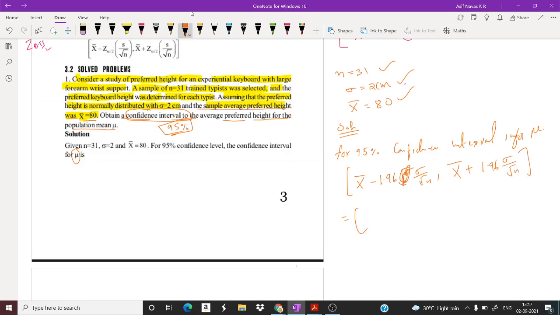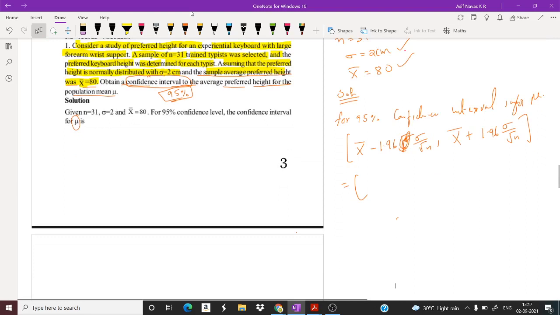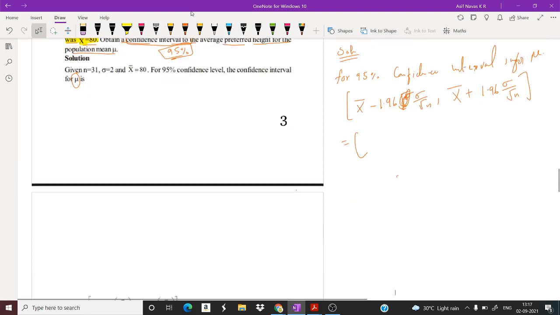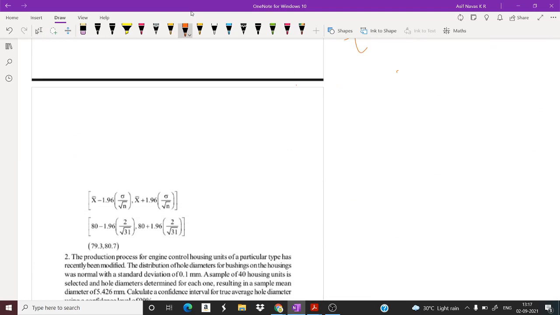Now that interval here is given. So x bar is 80. 80 minus 1.96 into sigma, which is 2, divided by root 31, and 80 plus 1.96 into 2 by root 31.